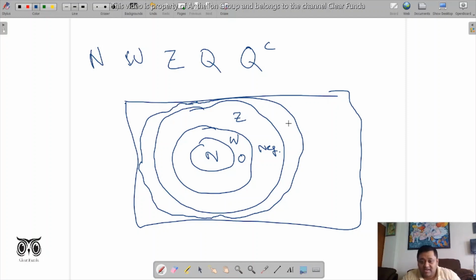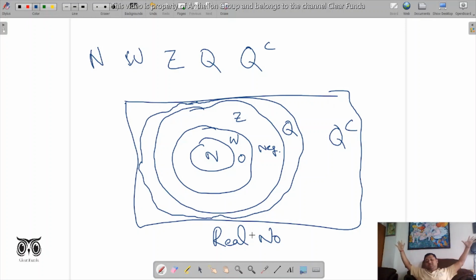This is your rational numbers. बाकी का जो बचा है ये है irrational numbers. ये प्लेन जो है टुगेदर, ये है रियल नंबर का प्लेन. So this is the world of real numbers.